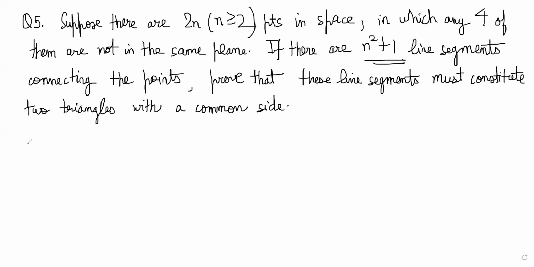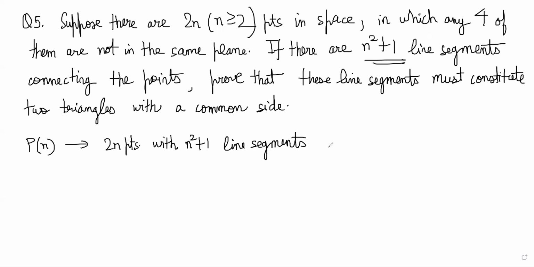So we denote the proposition that we have to prove as P of n, where we say that there are 2n points with n squared plus 1 line segments between them, such that any four of them are not in the same plane, and we have to show that these line segments make two triangles with a common side. That is my statement P of n.